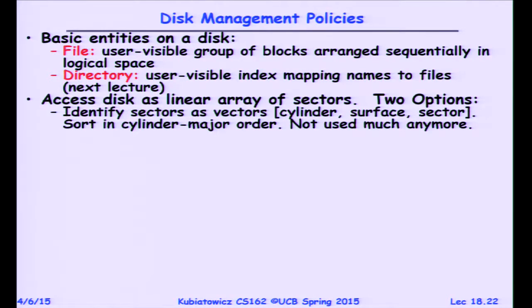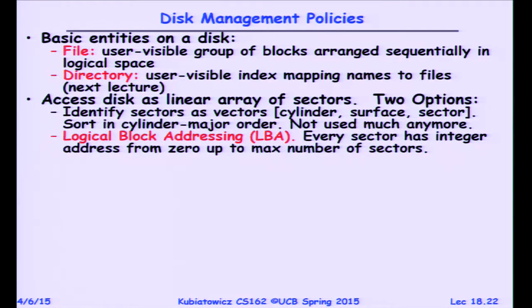Most people don't do that anymore. The other is a logical block addressing scheme, which is typically pulled off by the controller itself. The controller for the hard drive figures out which blocks are bad and takes the remaining good ones and puts them in a logical order and hands them to you.